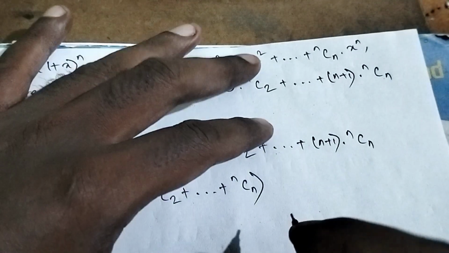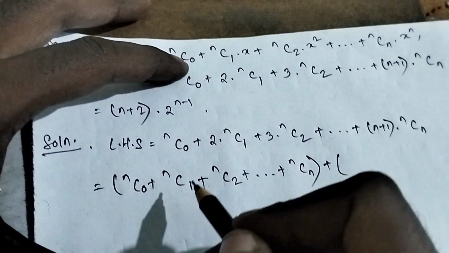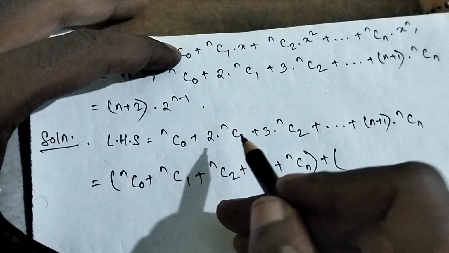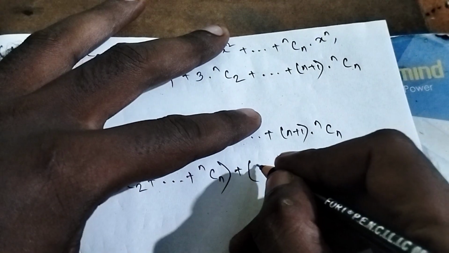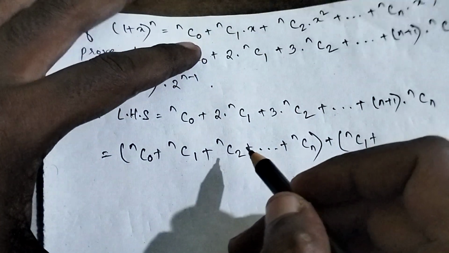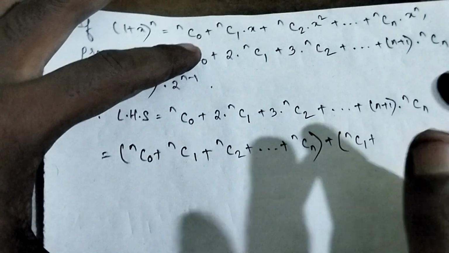Here I had written 1 nC1, so 1 nC1 is still left. Here I had written 1 nC2, so 2 nC2 is still left.